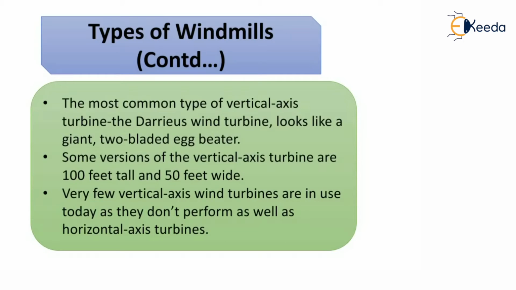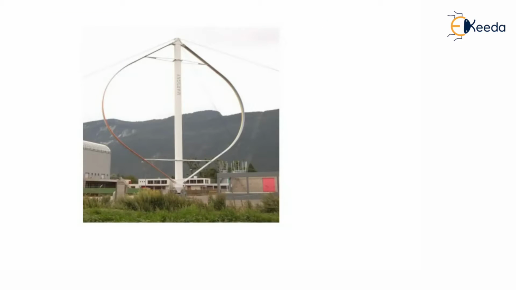It is also called a Darrieus wind turbine, which looks like a giant two-bladed egg beater. One version is 100 feet tall and 50 feet wide. Very few vertical axis wind turbines are in use today as they don't perform as well as the horizontal axis turbine. So this is the image of the vertical axis turbine.